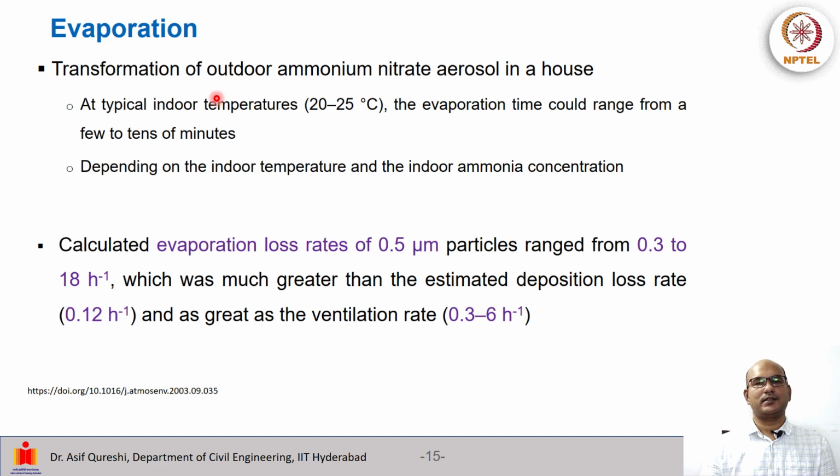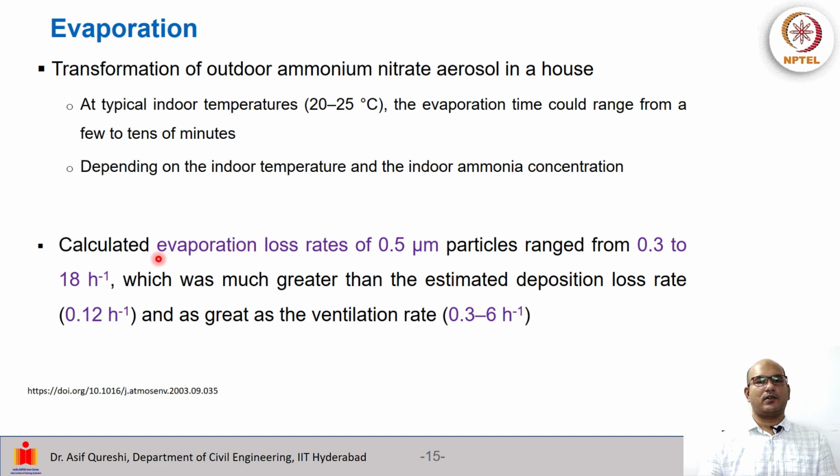In another study, the outdoor ammonium nitrate aerosol came into the house, and the transformations of this outdoor generated ammonium nitrate aerosol were investigated. In a typical indoor environment, which is 20 to 25 in pleasant weather, the evaporation time would be a few to tens of minutes, and again this depends on the temperature and the ammonia concentrations.